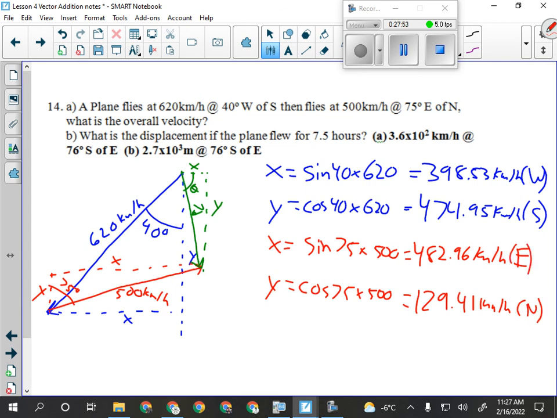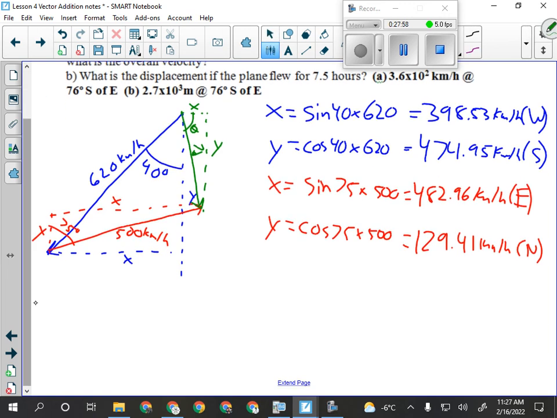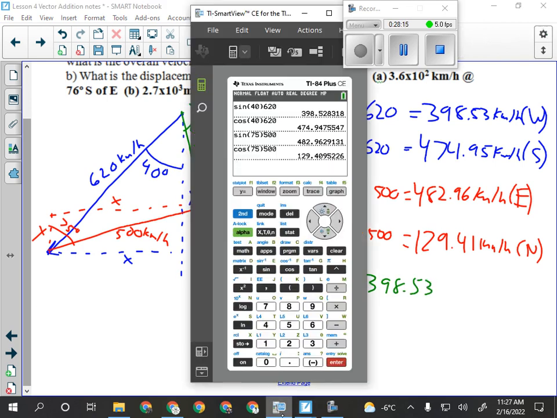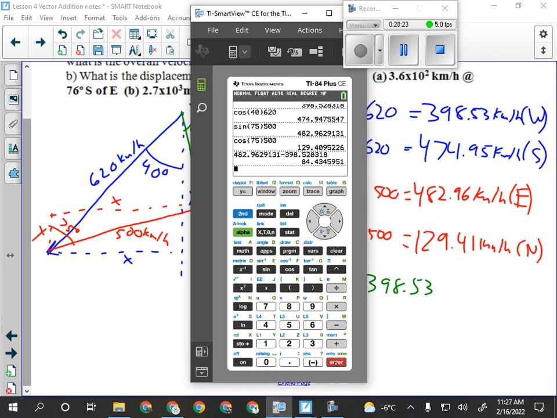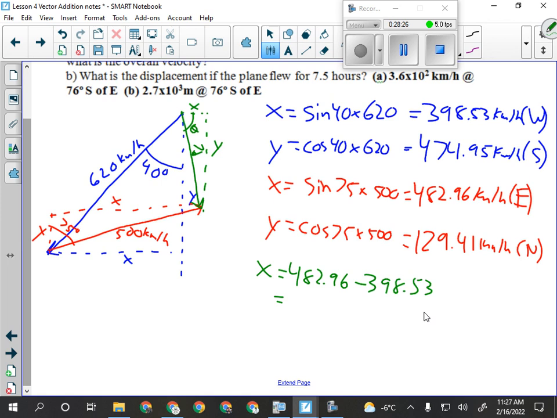All right, so now we've got all of our x's and y's. Now we can calculate our resultants x and y. Okay, so our resultant x ends up going east. So I'm going to take the 482.96 and subtract the 398.53. All right, so 84.43 kilometers per hour east.